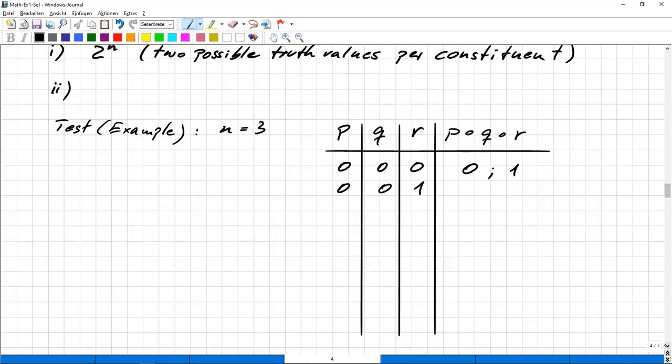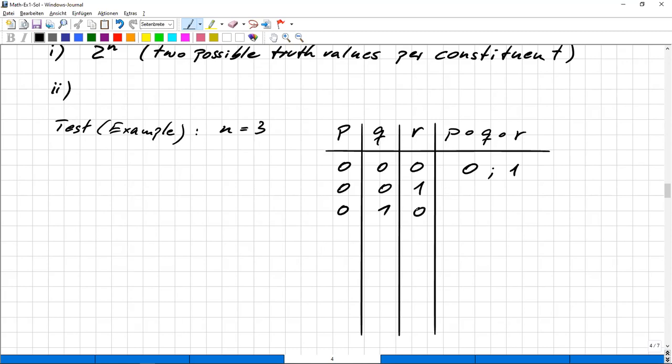Okay, I explain on this example. The test example will be n equals 3. So we have 3 inputs. Let's say we have 3 elementary propositions as constituents, P, Q, R, and we know that the truth table now has 8 rows. That's perhaps a good idea to fill them in right now.